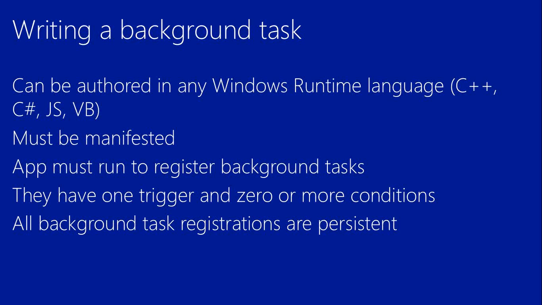For example, the mail application in Windows is written in JavaScript, but the background task for the mail application is written in C++. So the point here is you can author the background task in any of the Windows runtime languages.